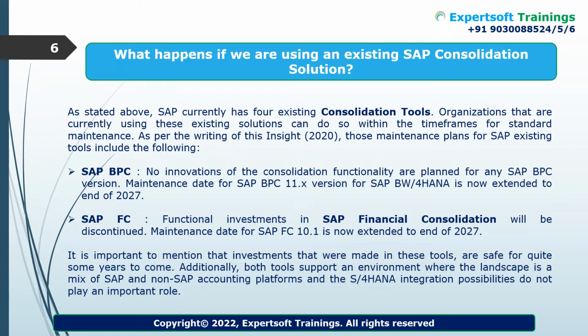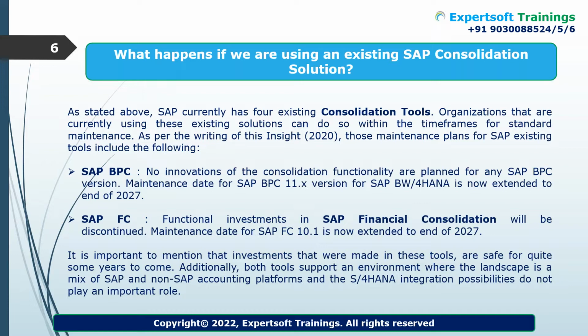Similarly for SAP FC, it is almost the same. The maintenance date is extended until 2027, as of now. This is the stand, which means they are promoting only group reporting.